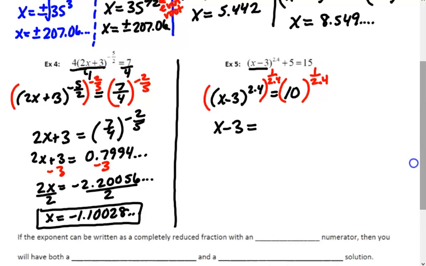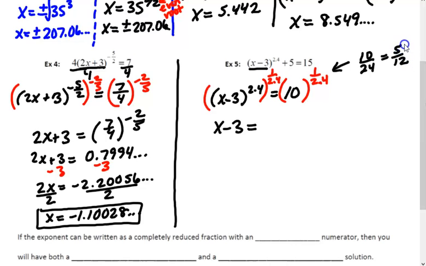Now I have to decide whether I need plus or minus here. So this is 1 over 2.4. This looks like it may be an even root down here. So I could rewrite this as 10 over 24, which is 5 over 12. So basically when I'm raising it to the 1 over 2.4 power, I'm raising it to the 5/12.